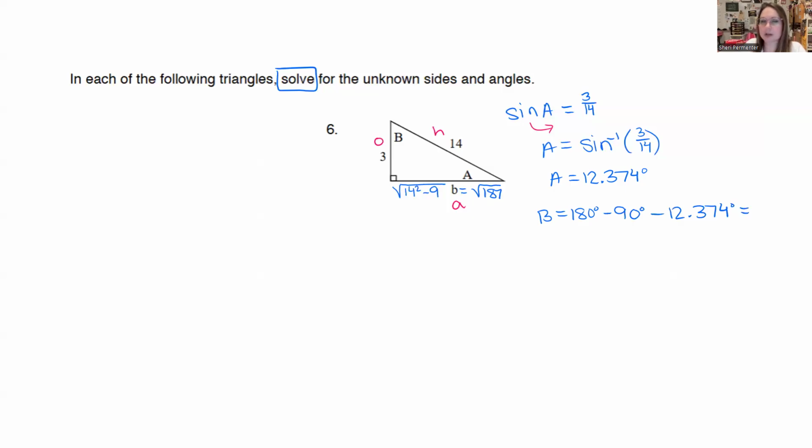Do it and tell me what you get. 77.626. So I have just solved the triangle, and solving the triangle means that you have found all of the sides and all of the angles.